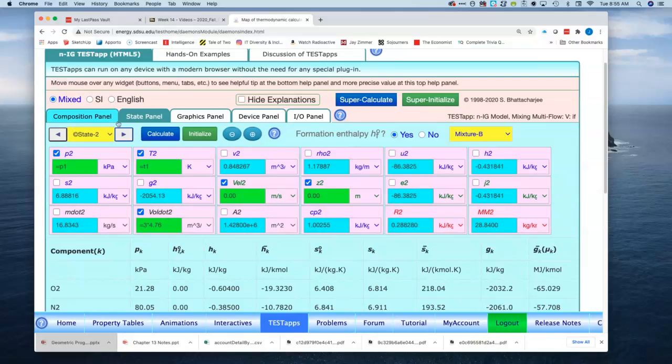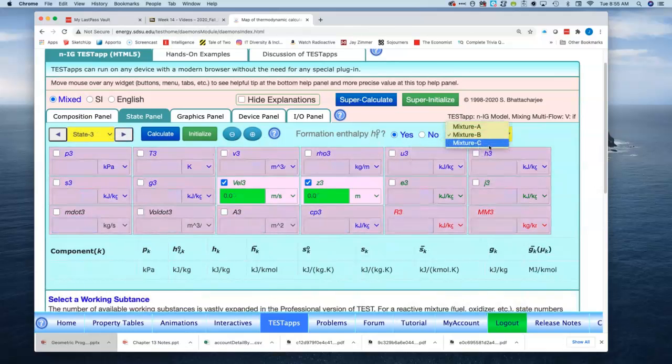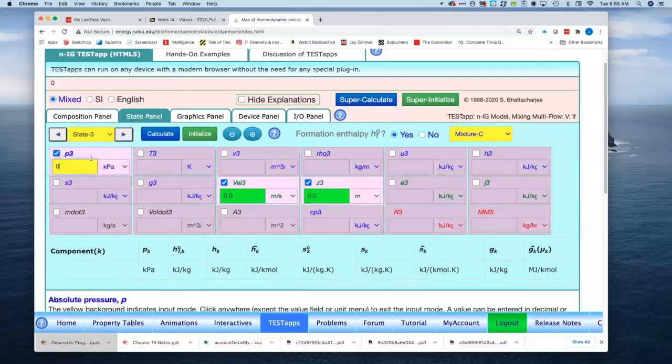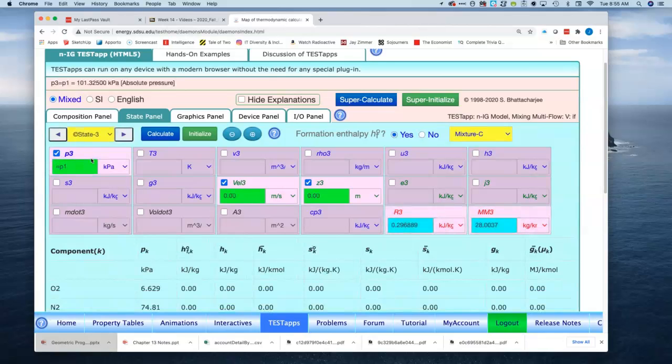And now I'm going to specify what state 3 is. That's the final state, which is mixture C. Now, what do I know about mixture C? I'm going to allow mixture C to have the pressure of 1. I'm going to allow it to calculate the temperature T3 based on the device panel, an adiabatic device panel. And so what now can I say about this mixture?